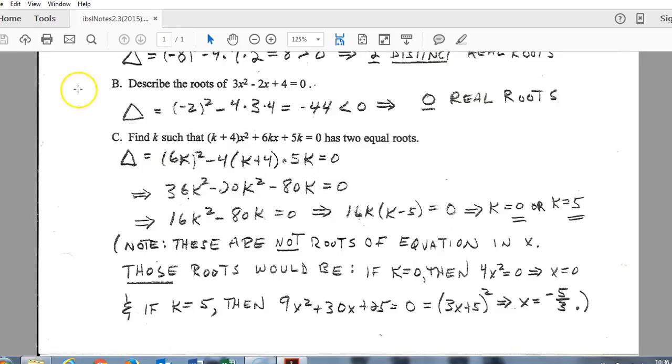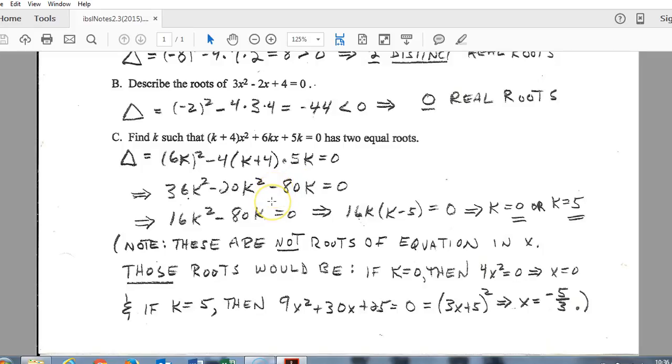So if I perform the discriminant formula on this, I can set it equal to 0 because of that statement right there. So plugging into b squared minus 4ac, setting the whole thing equal to 0, because it says it has two equal roots, then all you have to do from there is solve the equation.